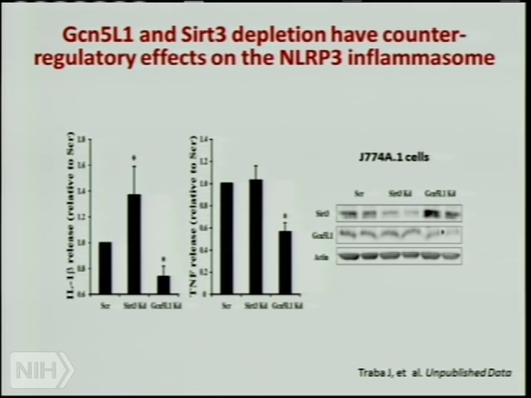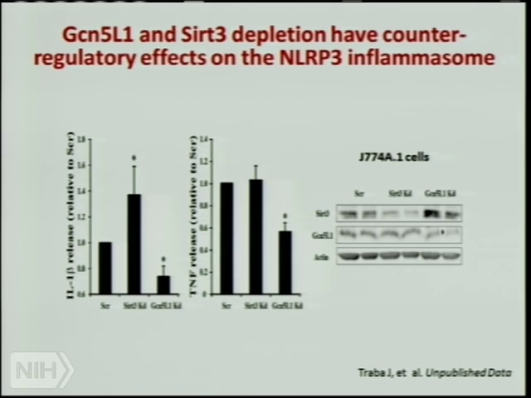So GCN5 itself is a nuclear acetyltransferase, and GCN5-like1 is mitochondrial enriched, and it seems to be a component of a mitochondrial acetyltransferase machinery, although in isolation, or if you overexpress it alone, you can't change acetylation. So it's probably a regulatory factor in that program.